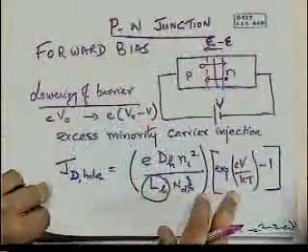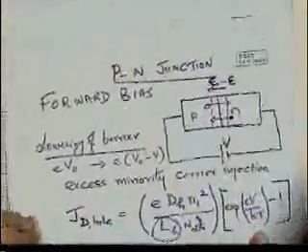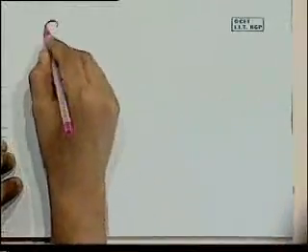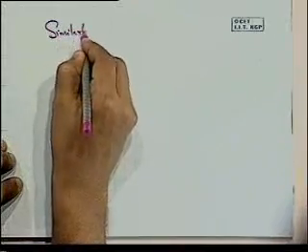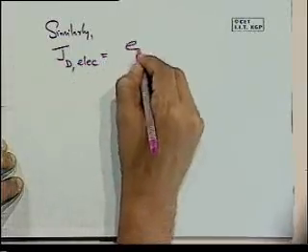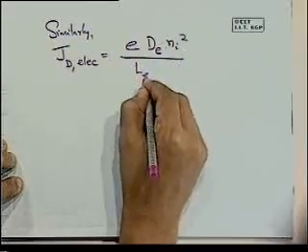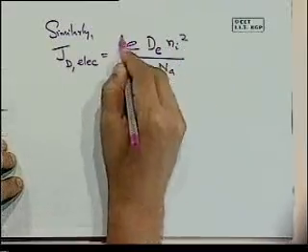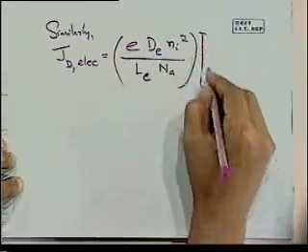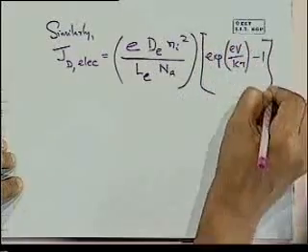So what we have right now is that under forward bias, we've got the hole diffusion current going from the P side to the N side. And a similar expression will be obtained for the electron diffusion current, simply replacing by the appropriate symbols for the electron, times exponential eV by kT minus 1.